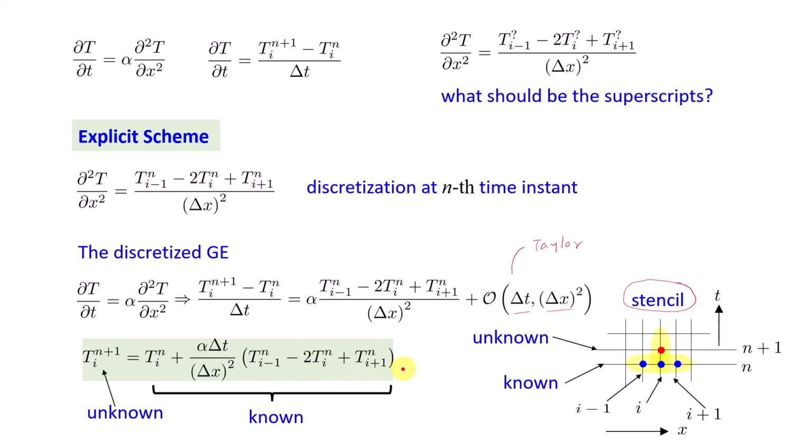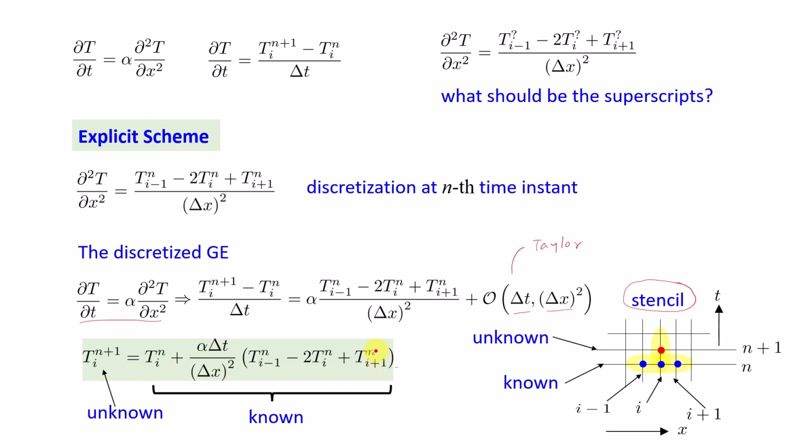Therefore, this equation, which is my difference equation, so my differential equation is now converted to a difference equation, and in this difference equation you see that I have only one unknown, Ti^(n+1), everything else is known. Therefore I can simply calculate it from here.